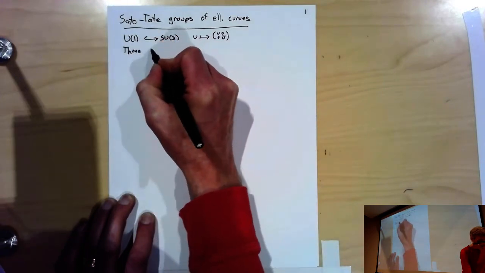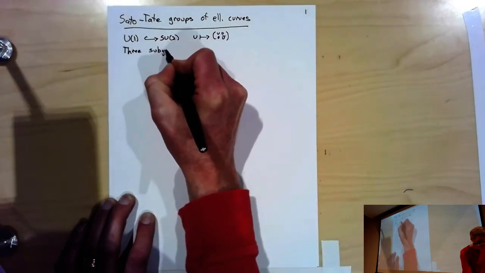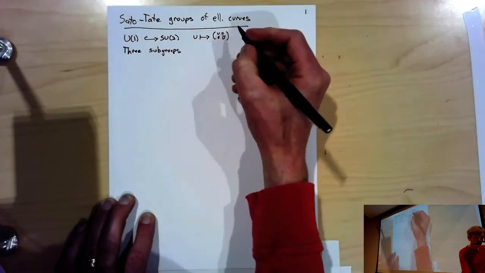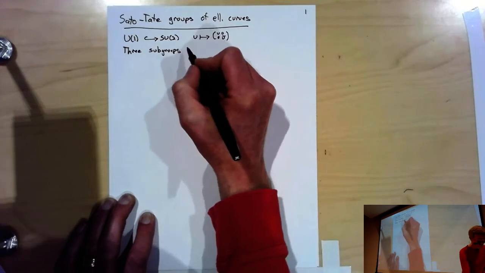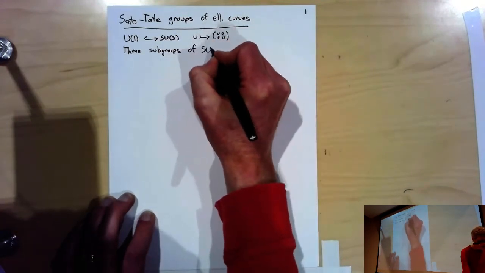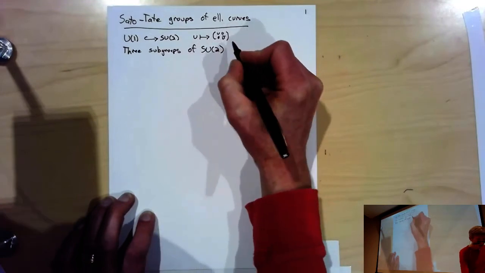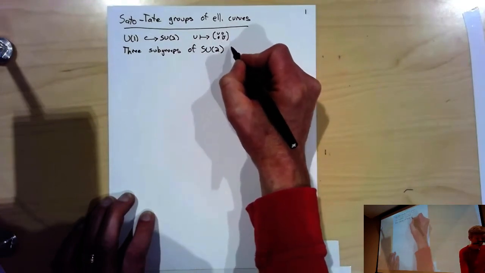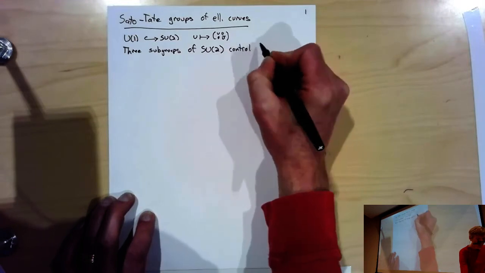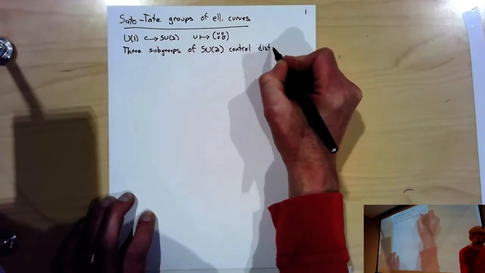In the previous lectures, we found 3 subgroups of SU2 whose Haar measures control the distribution of normalized Frobenius traces.